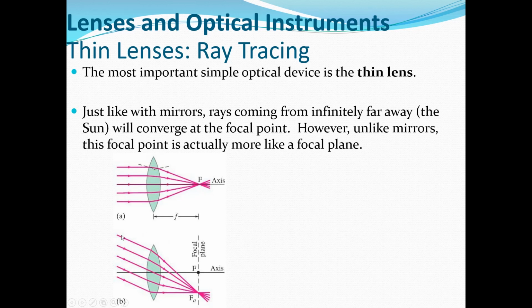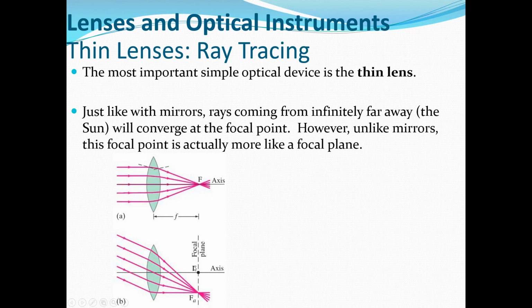This is what I was saying before about the mirror: when the lines are coming parallel to the principal axis, like pretty much, I don't want to say perpendicular to the lens, but straight on with the lens, all the lines will end up converging at the focal point along the principal axis. But if it comes in at an angle, then the focal point will actually shift down.